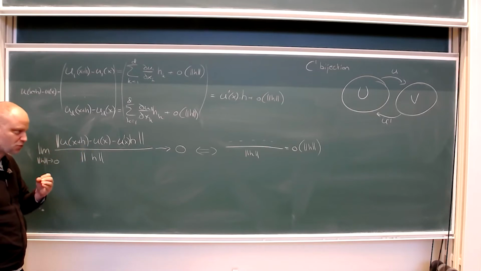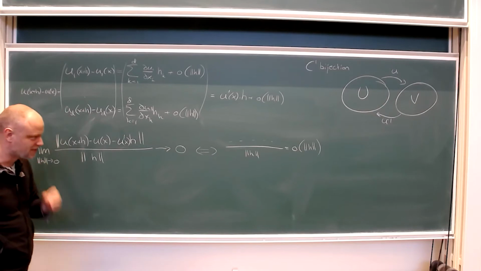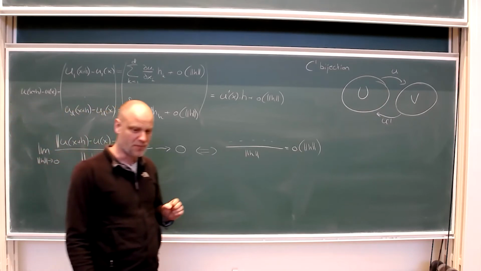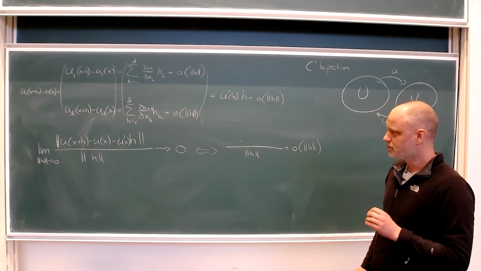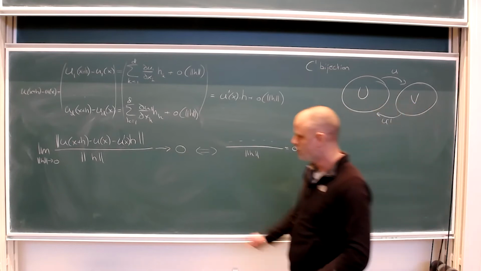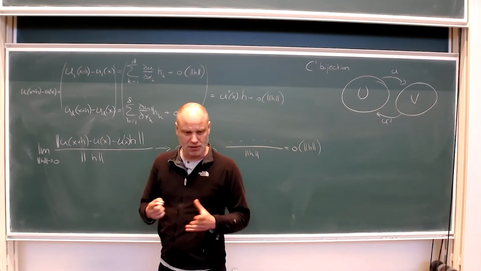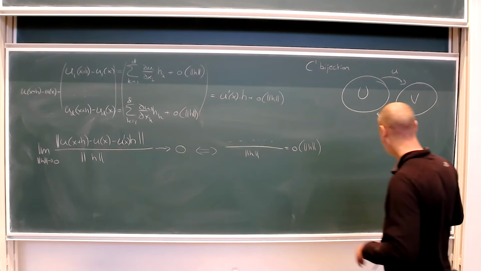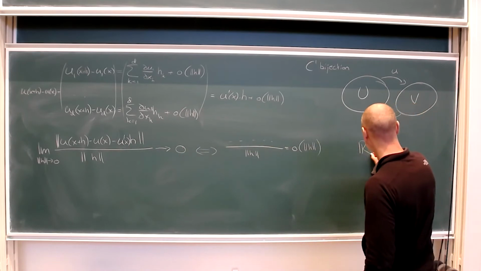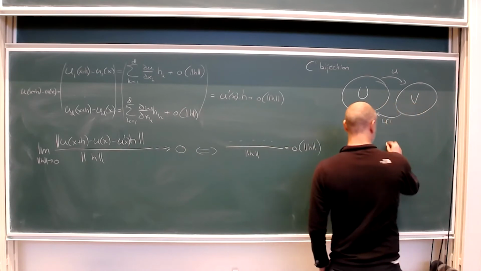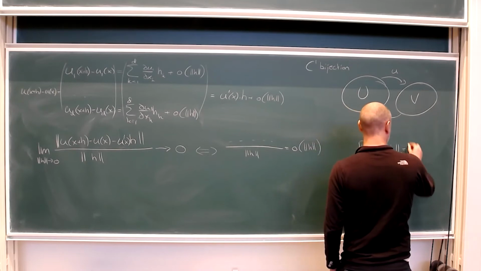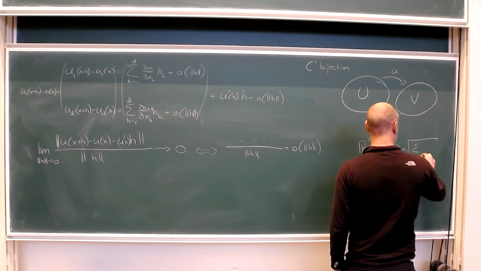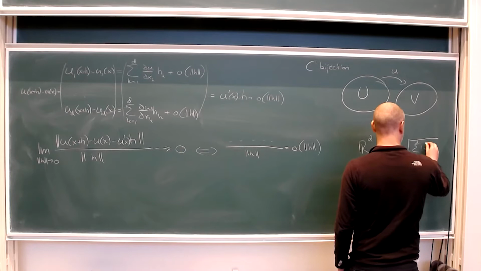Unfortunately, there's much more to this than meets the eye still that I have to explain for you to not get lost in the proof. And one thing has to do with this norm here. What do we mean by the norm in R^d? Usually, by the norm, we mean the one we get from Pythagoras' theorem.